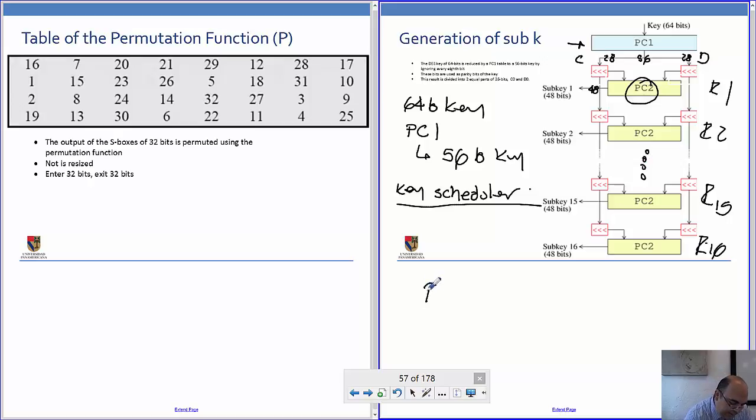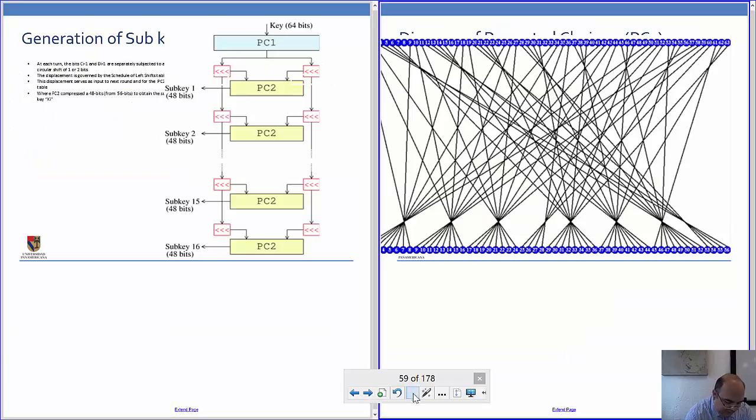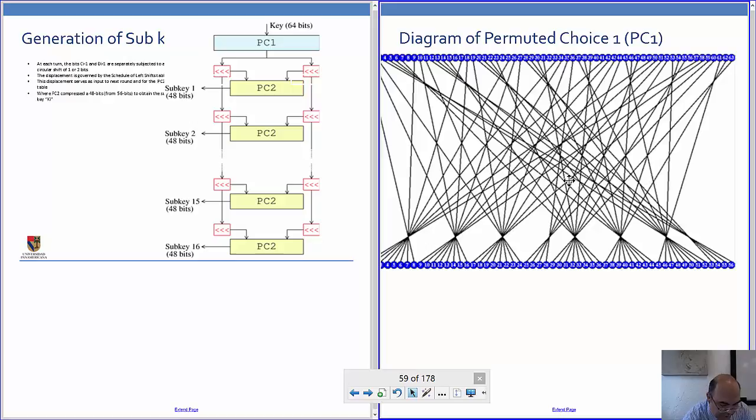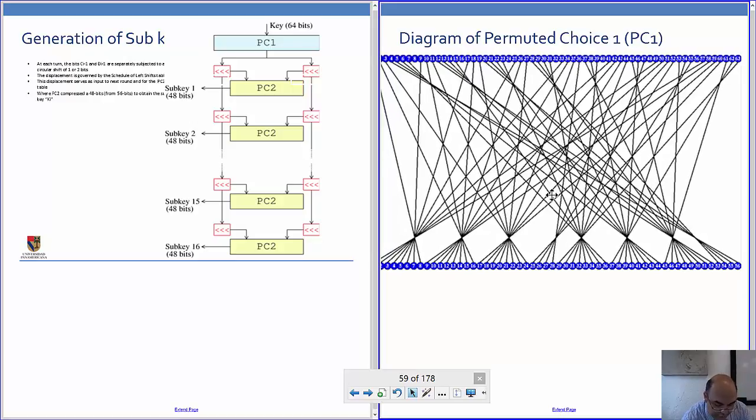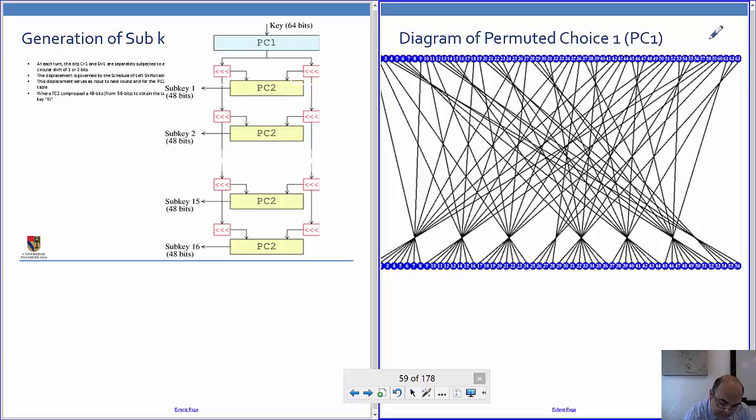So how do PC1 and PC2 look? They look like this. This is permuted choice 1. It's a permutation and a reduction. Here at the top, we have 64 bits, and here we will have 56 bits, all of them permuted.